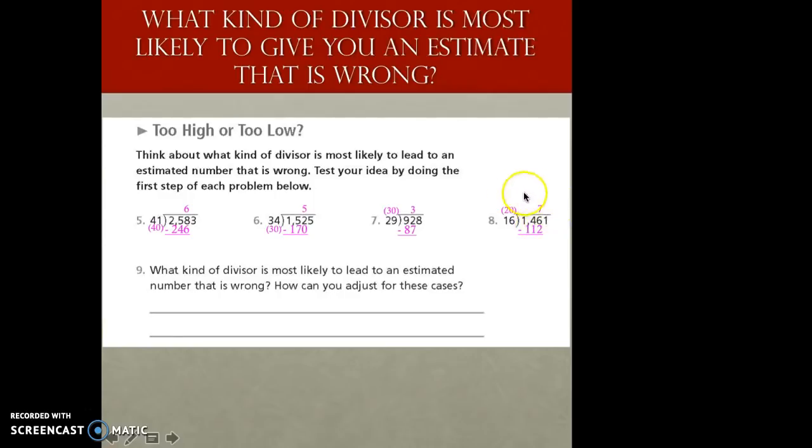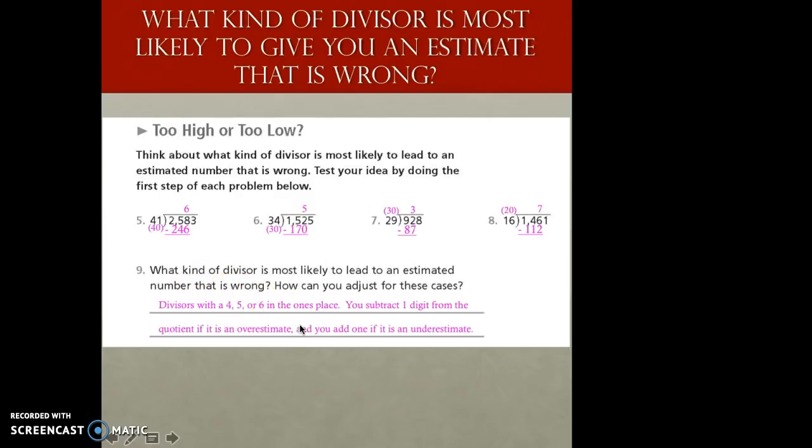So notice that in problem number 8, we had a divisor that ends with a 6. This is one that did not work. Over here, this one did not work. And notice that this one ends in a 4. So what kind of divisor is most likely to lead to an estimated number that's wrong?